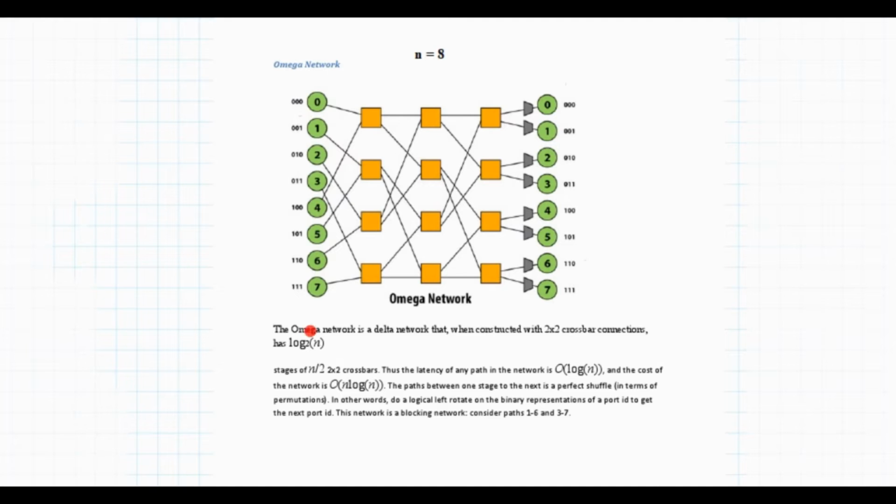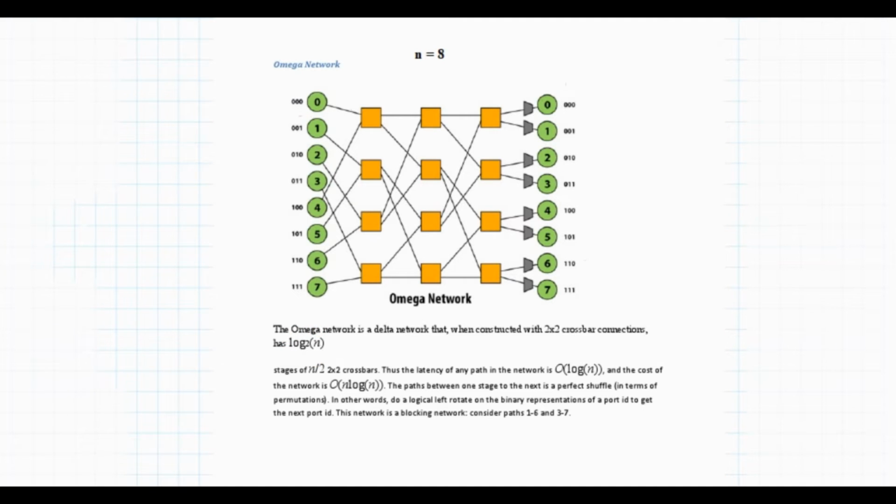So first, just look at the statement. The omega network is basically a delta network, and the number of stages, how many stages will be there? You can find it using this formula, log n base 2.